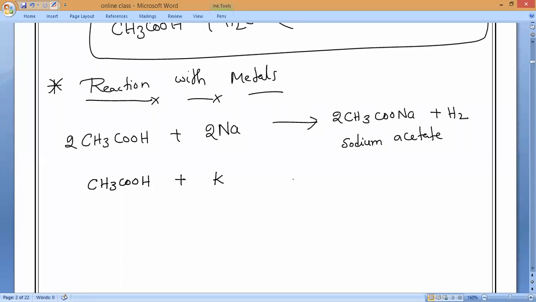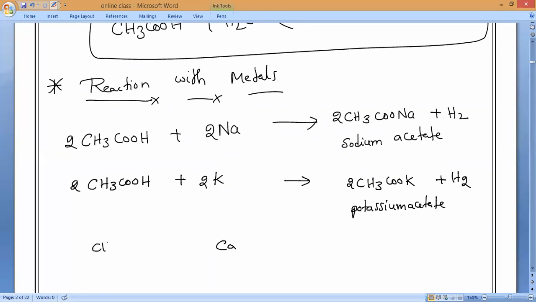CH3COOH plus potassium gives potassium acetate plus hydrogen gas. Balance it: 2, 2, and 2. Now take calcium. CH3COOH reacting with calcium, what will happen?